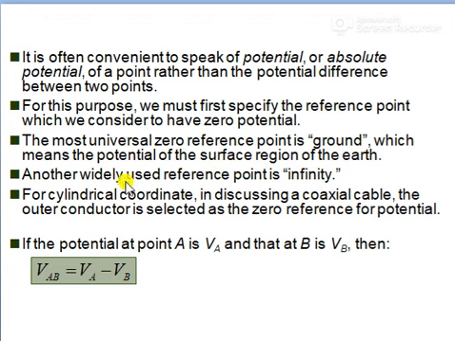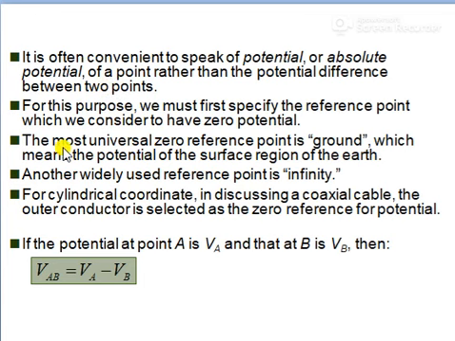For cylindrical coordinates, in discussing a coaxial cable, the outer conductor is selected as the zero reference for potential. You can take any point as a reference point, either zero or infinity, and you can obtain the potential at a point instead of considering the potential difference.